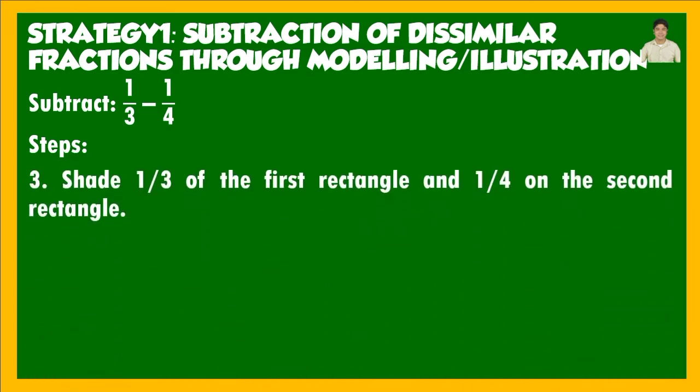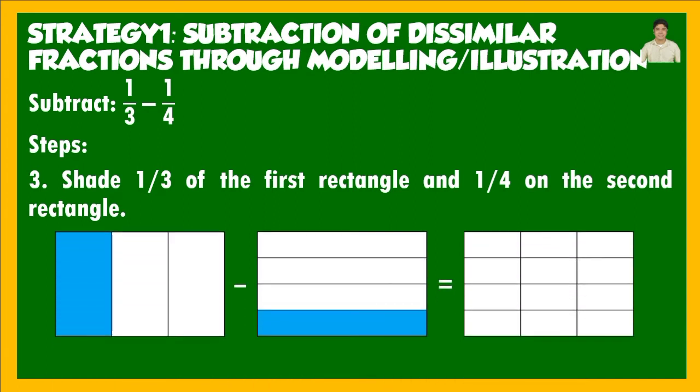Next, shade 1/3 of the first rectangle and 1/4 on the second rectangle. So, para makita natin na 1/3 and 1/4 nga talaga sila, syempre, kailangan may shaded part po sila. So, kagaya niyan. Dito, 1/3, isa yung shaded portion niya. And then, yung 1/4, ganun pa rin naman.